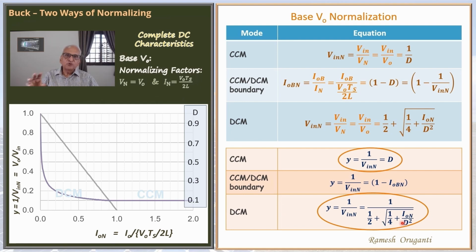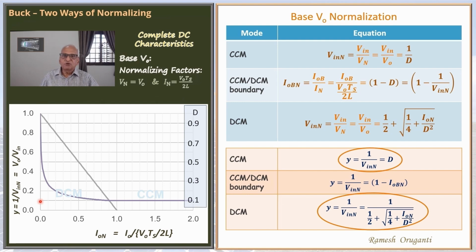So square root of 1 by 4 is half. So Y will tend towards 1. That means V0 will tend towards Vin as I0N tends to 0. We should get the same result as before because the converter is the same. It is just different ways of doing the normalization.